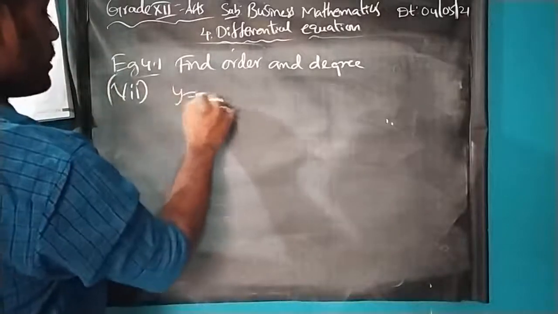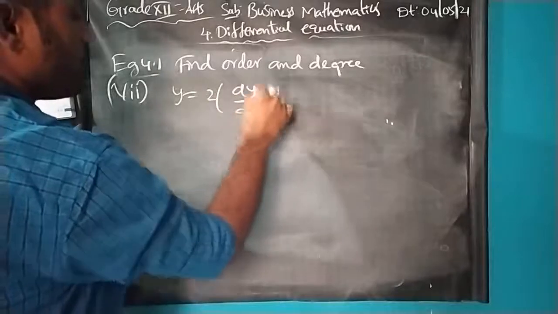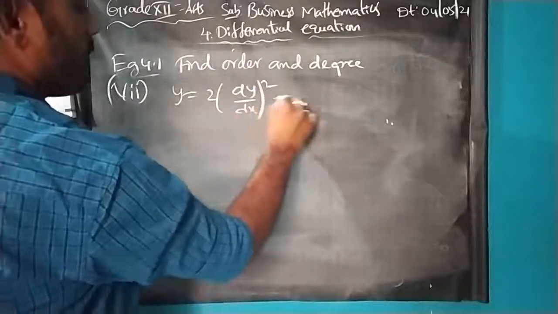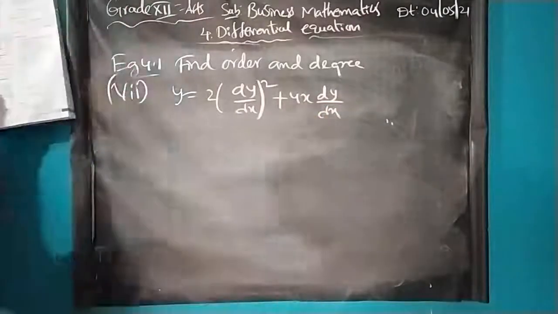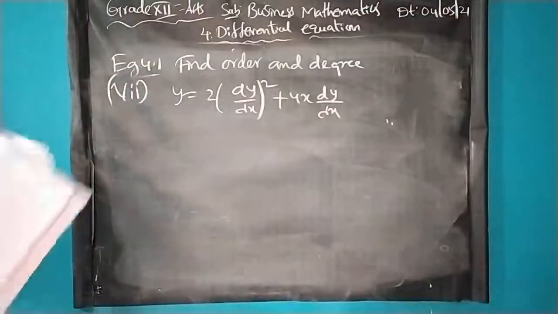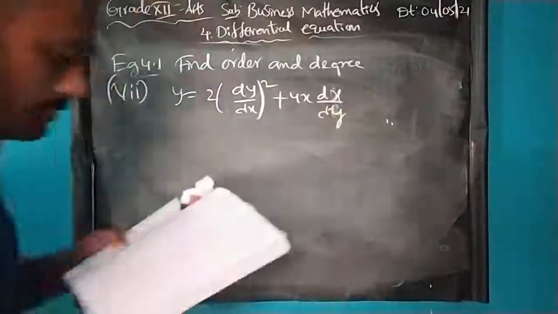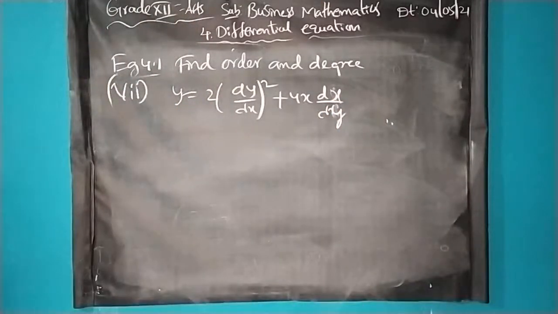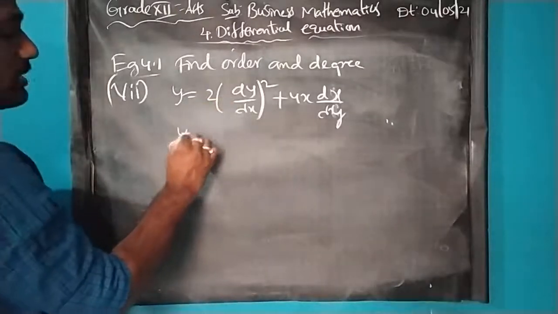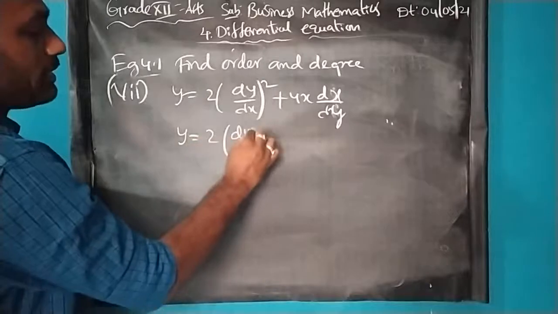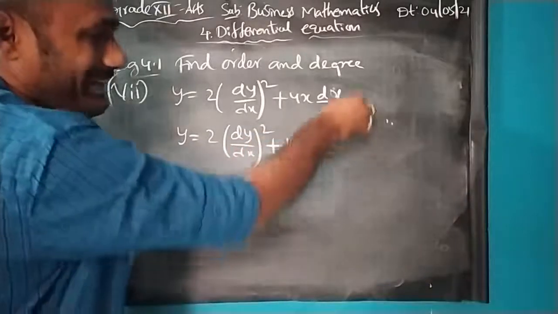y is equal to 2 into dy by dx whole square plus 4x into dy by dx. So 4x into dx by dy. So this can be written as y is equal to 2 into dy by dx whole square plus 4x into, it is in the reverse form.